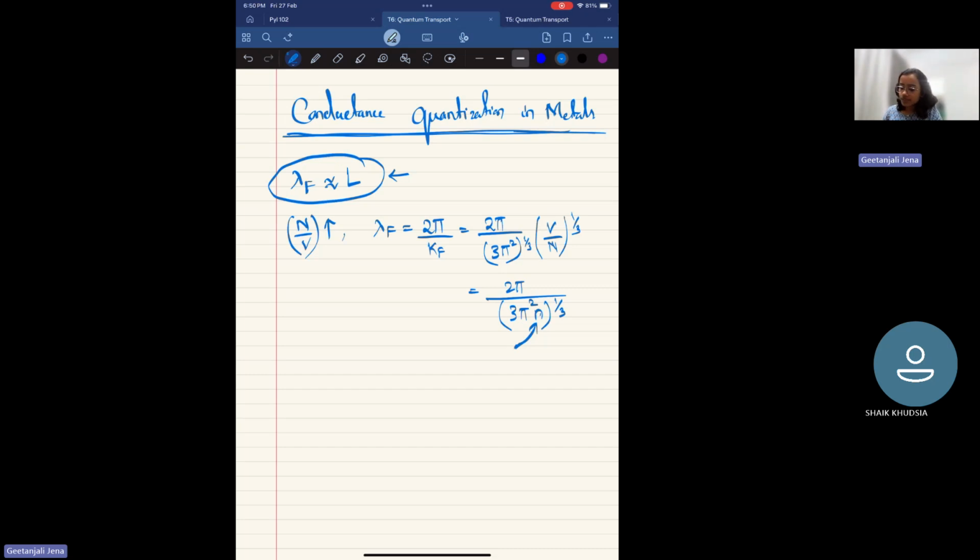This number density for the metal is very, very high. Because of that, lambda F for the metal is very, very small as compared to the semiconductor 2D electron gas.